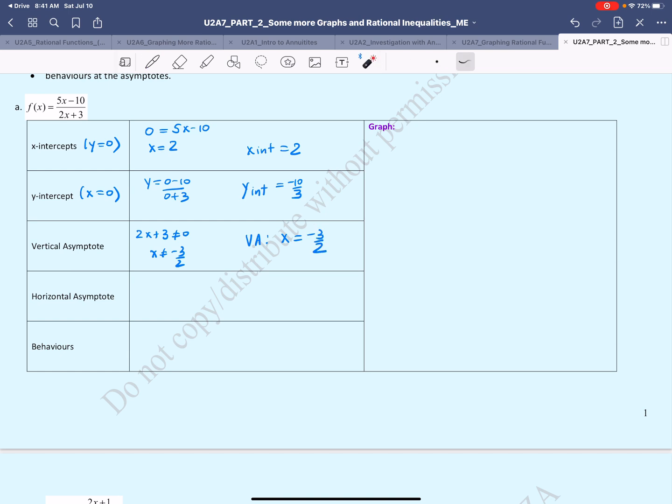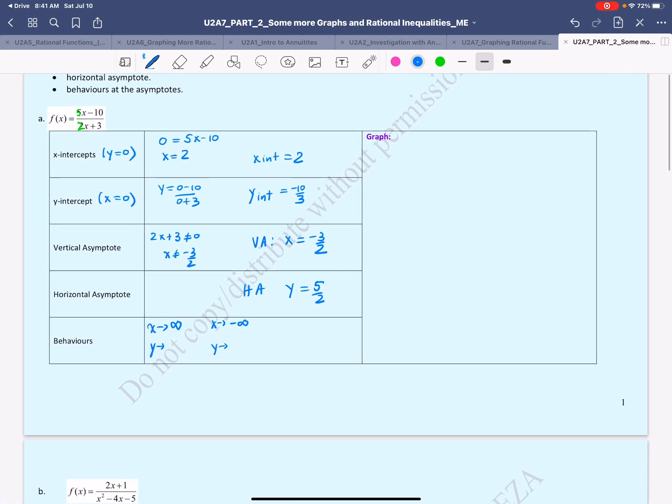Horizontal asymptote, we have linear over linear, so same degree, which means that we compare the coefficients of x, the highest degree term, and we'll say that the horizontal asymptote would be y equals 5 over 2. So for the behaviors, it means that we are going to try to find what happens to the y values as x approaches infinity and as x approaches negative infinity.